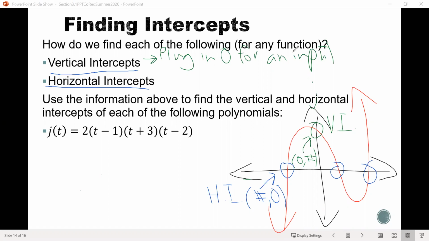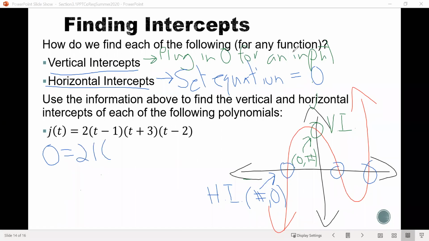So because of that, if we want to find our horizontal intercepts for a function, we can do that by setting the equation equal to 0. If we do that in our function down here, j of t, we put 0 for the output equals 2 times t minus 1 times t plus 3 times t minus 2.